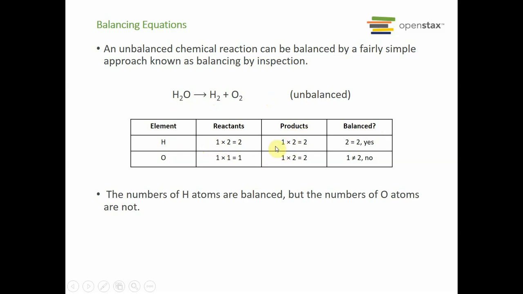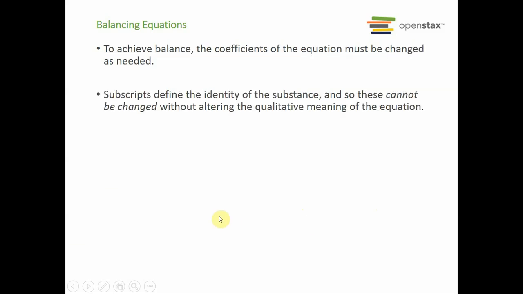In the products, the number of hydrogens is 2, and the number of oxygens is 2. So it's balanced for hydrogen, but not for oxygen. So you've got 1 atom of oxygen going to 2 atoms of oxygen. The number of H atoms is balanced, but the number of O atoms is not.